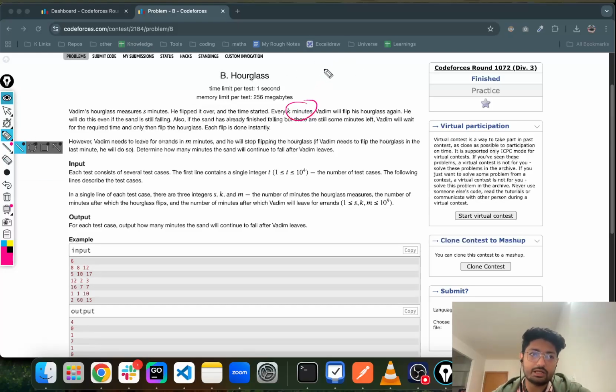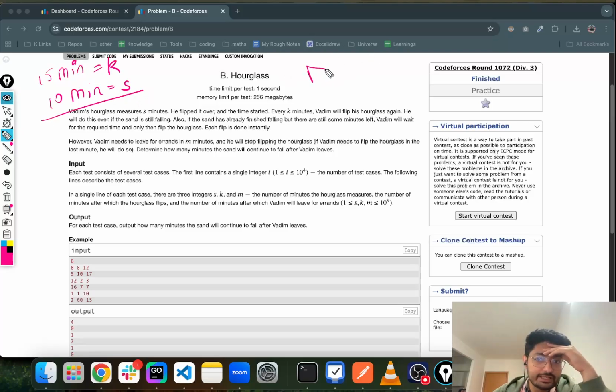Let's take an example in which k is greater than s, which is a simple example. Let's assume I will flip it after 15 minutes and this hourglass only measures 10 minutes.